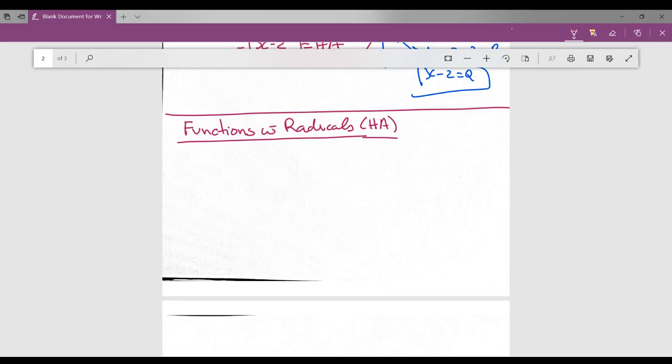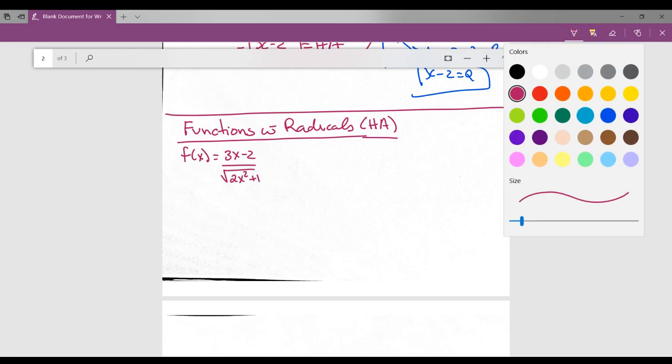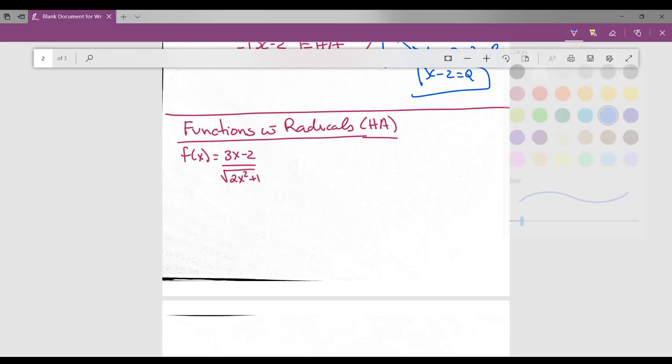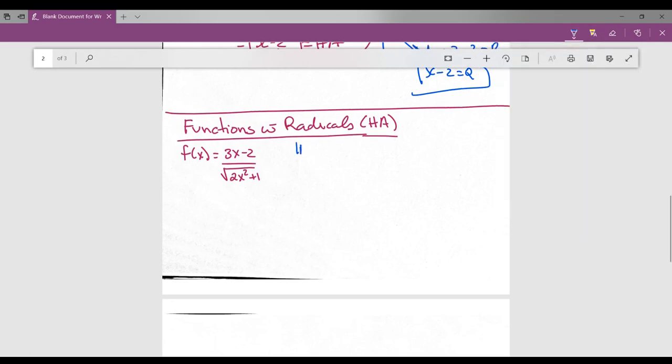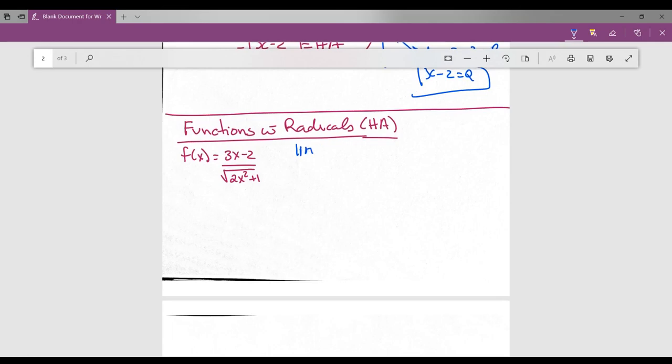So let's do f of x is equal to 3x minus 2 over root 2x squared plus 1. Okay. So if I want to do the horizontal asymptote, we cannot just take the limit as x goes to infinity. Now we've got to look at positive and negative infinity because different things can happen.